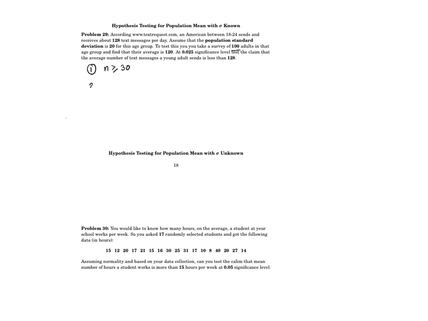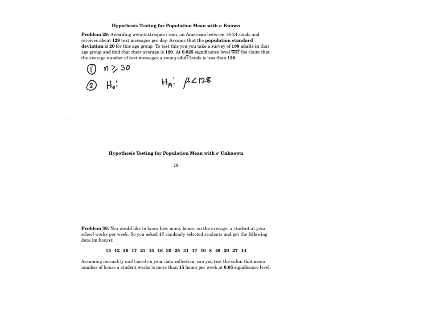So number 2, your null and alternative hypothesis. So what are you testing? At 0.05 significance level, test the claim that the average number of text messages young adults send is less than 128. So less than, so your mu is less than 128.